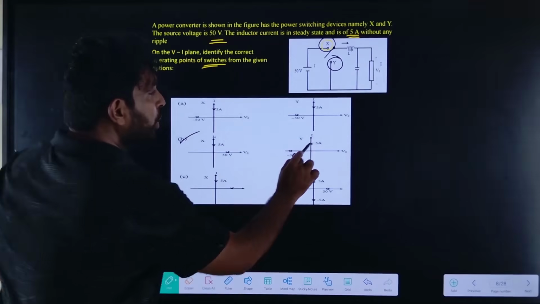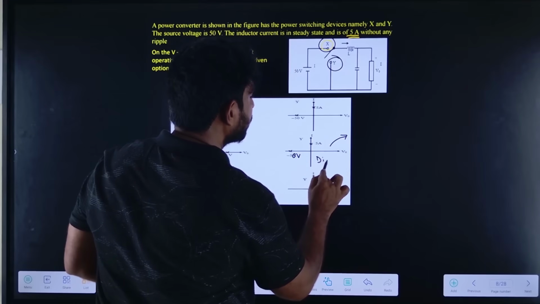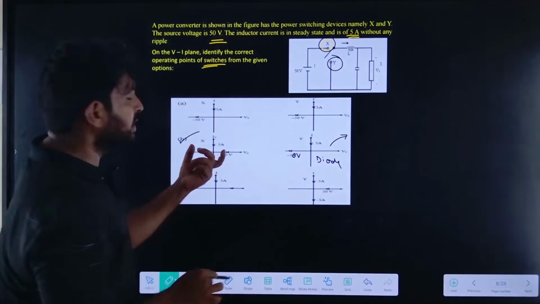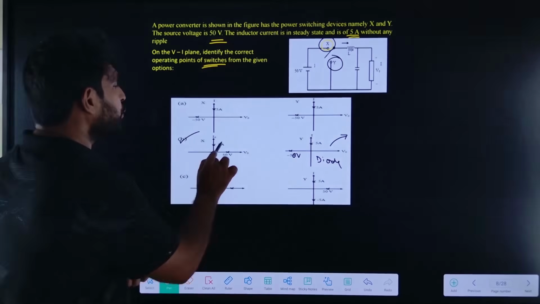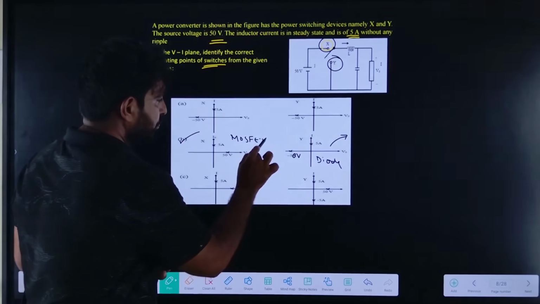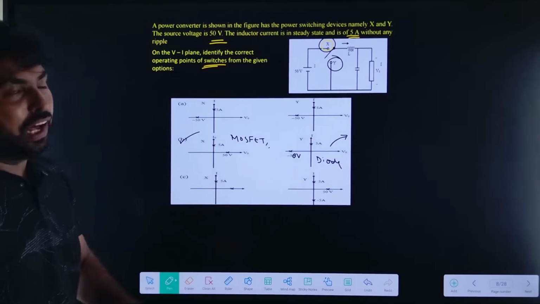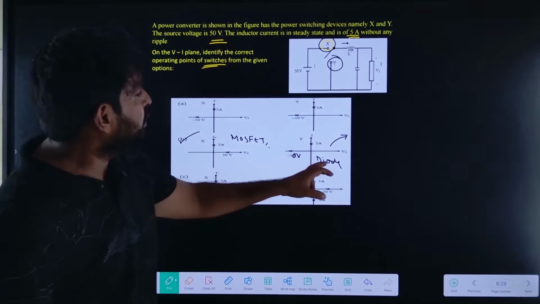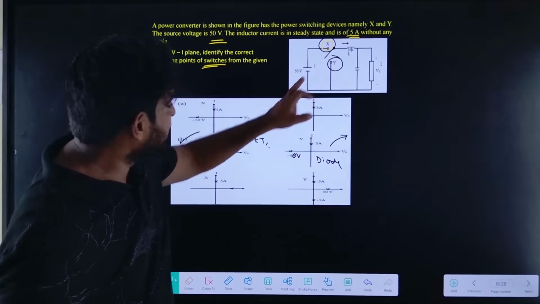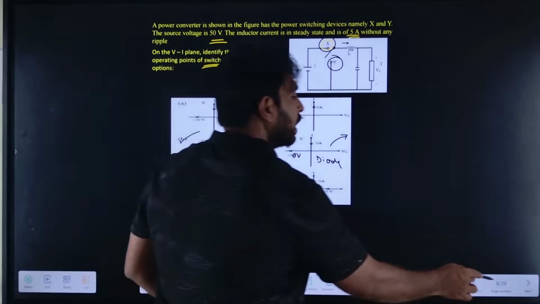So the second switch is the diode, and the first switch is either an IGBT, MOSFET or a transistor. Right? So this is the buck converter VI plane of switch S1 and switch S2, where X is the switch S1 and Y is the switch S2.